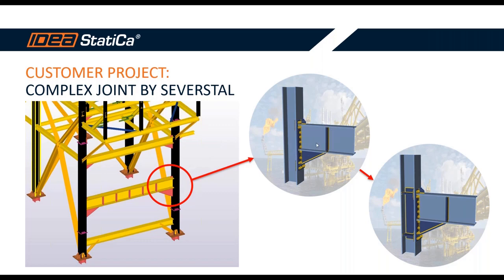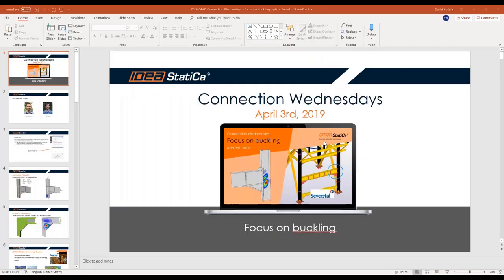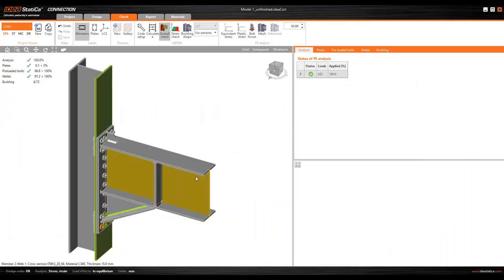There it was loaded, and they found out that something is unsatisfactory. In a few seconds, you will see what. Therefore, the connection must be reinforced, and one of the options was to reinforce the web of the column.